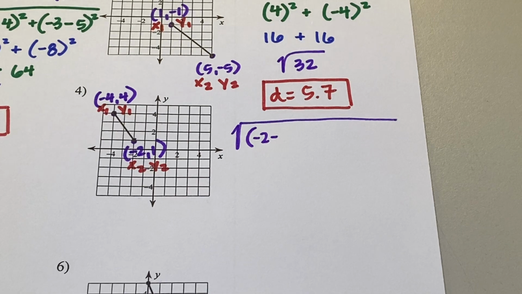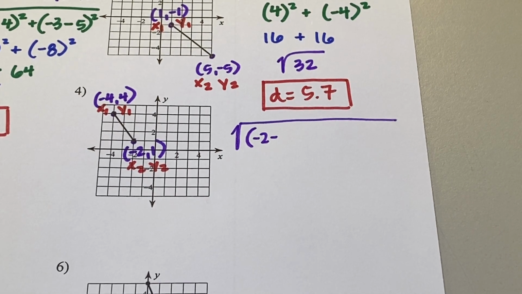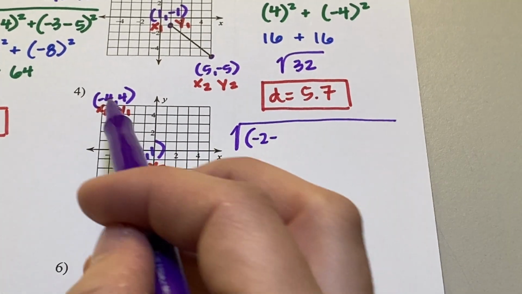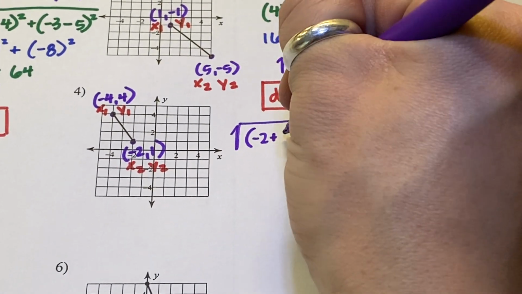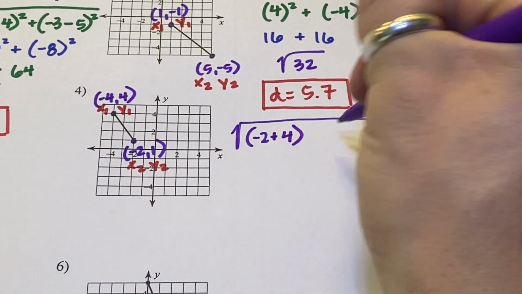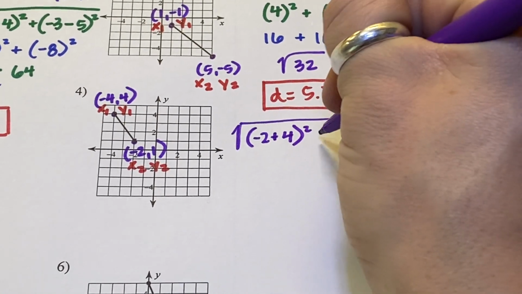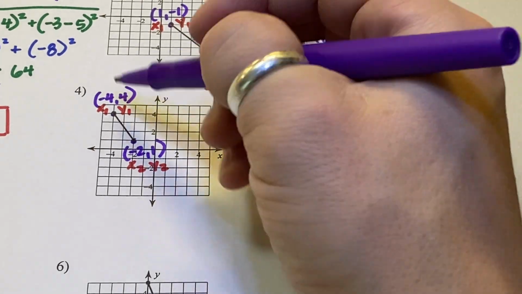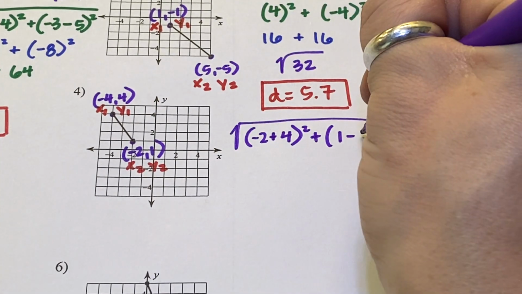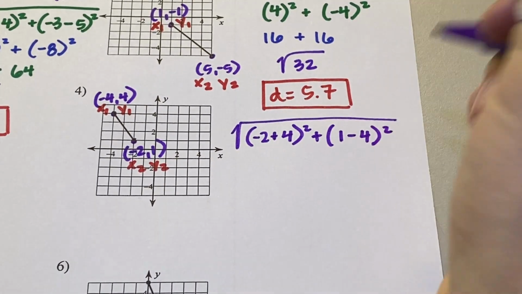What happens when I subtract a negative? Good. I'm subtracting this -4, which means I'm actually adding 4, plus y2, 1, minus my y1, 4, squared.